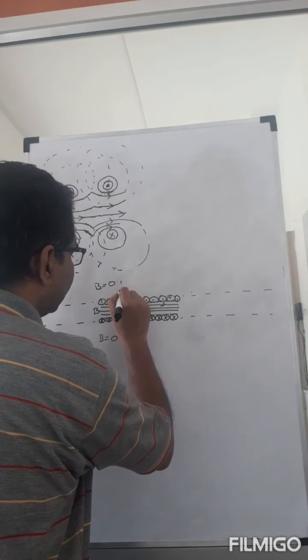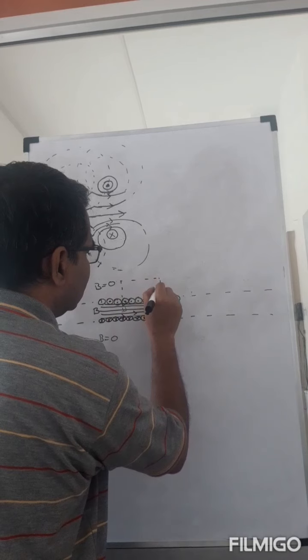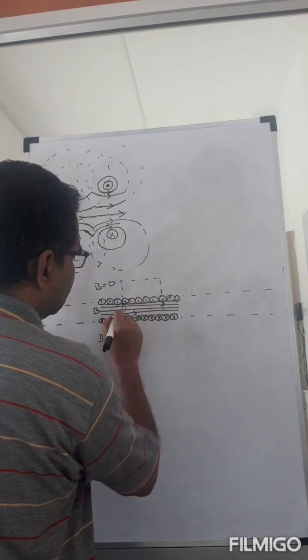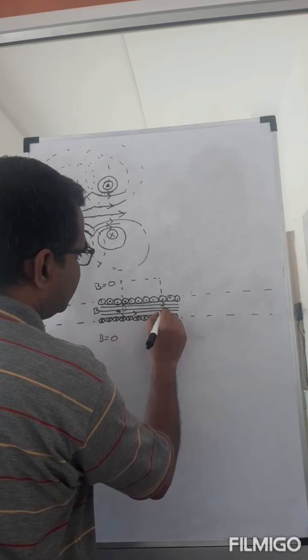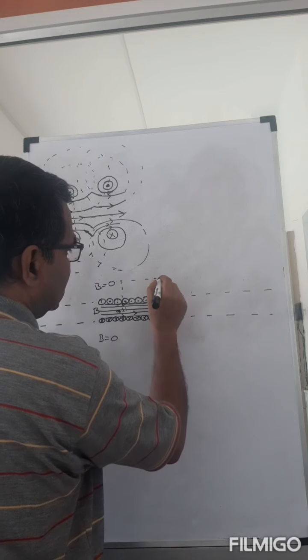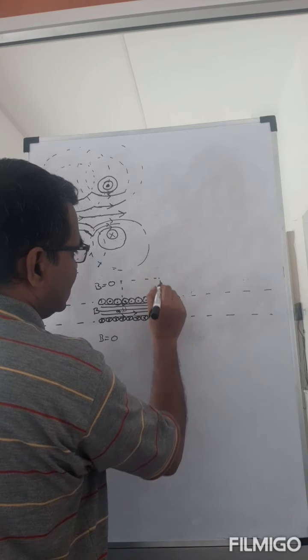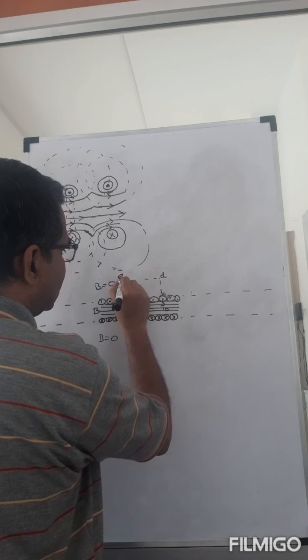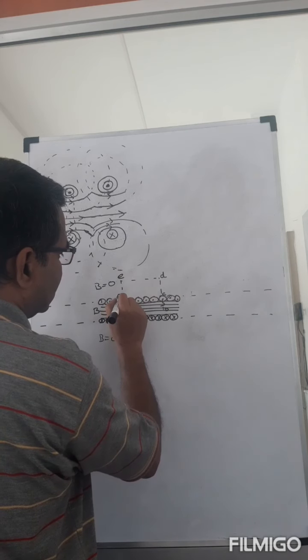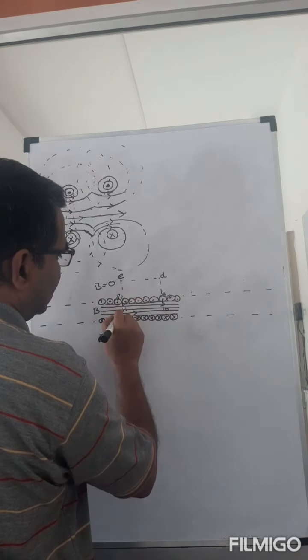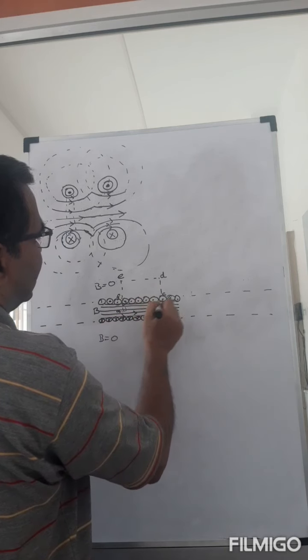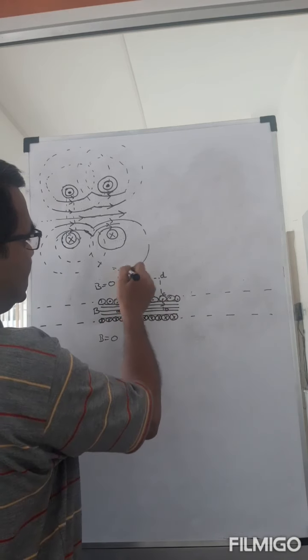If you imagine a surface like this, I'll say this is A, this is B, this is C, this is D, this is E, this is F. Okay, just outside. And A, B, C, D, E, F.